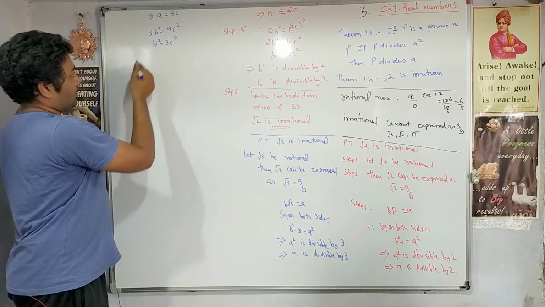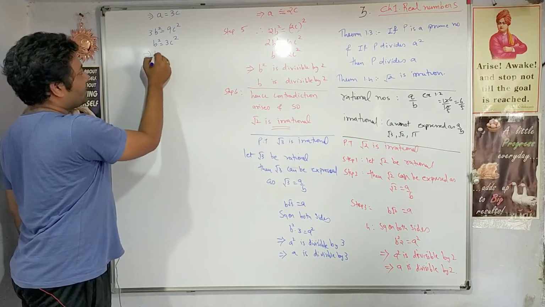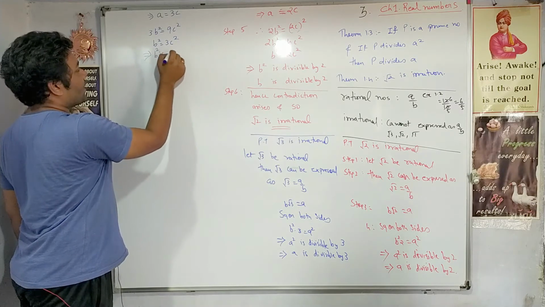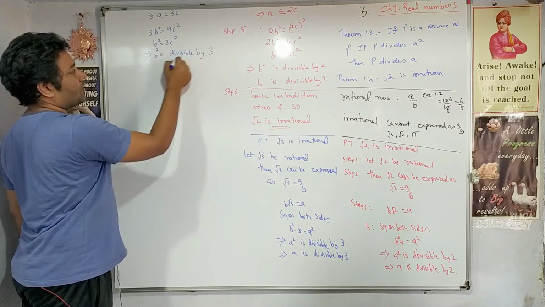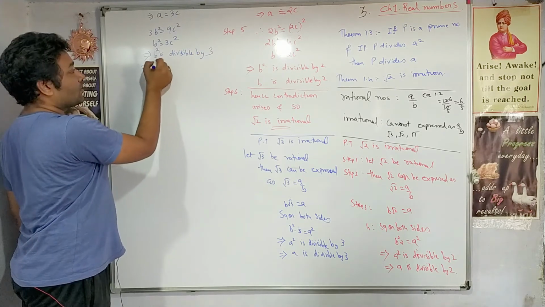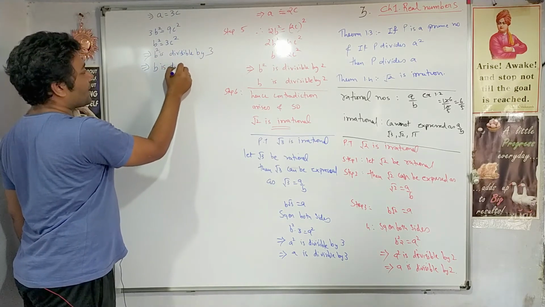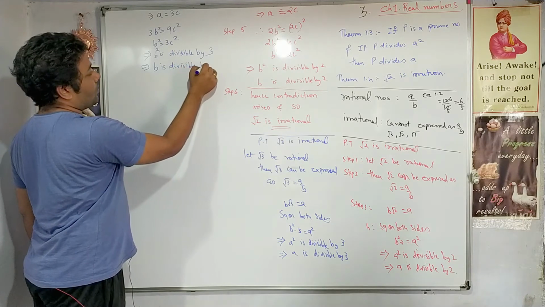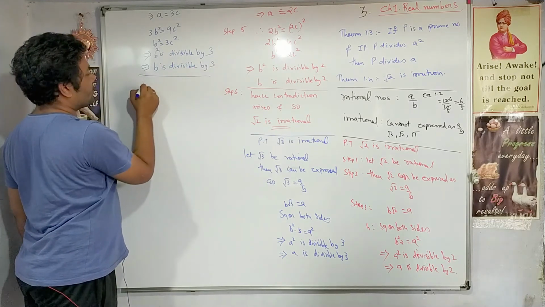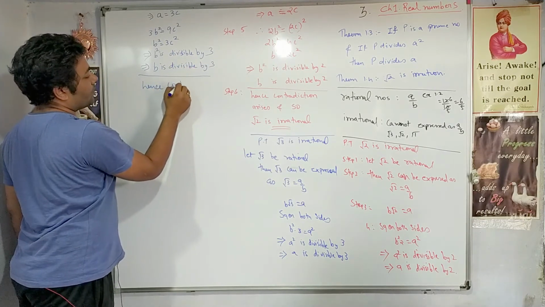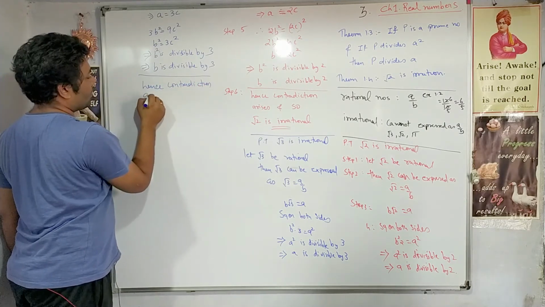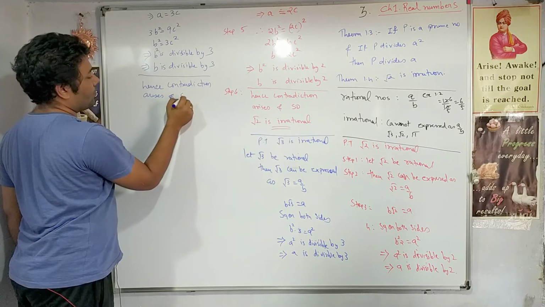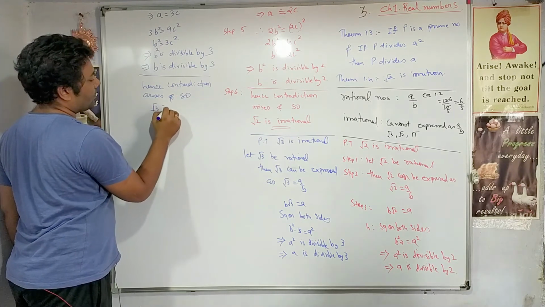Now again here we can say that b square is divisible by 3, which again leads to the conclusion that b is divisible by 3. Now again here the contradiction arises, and so root 3 is irrational.